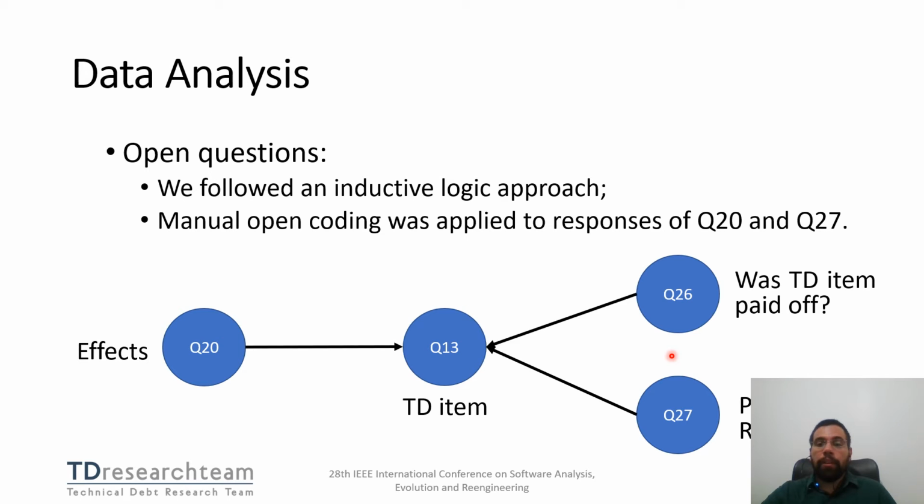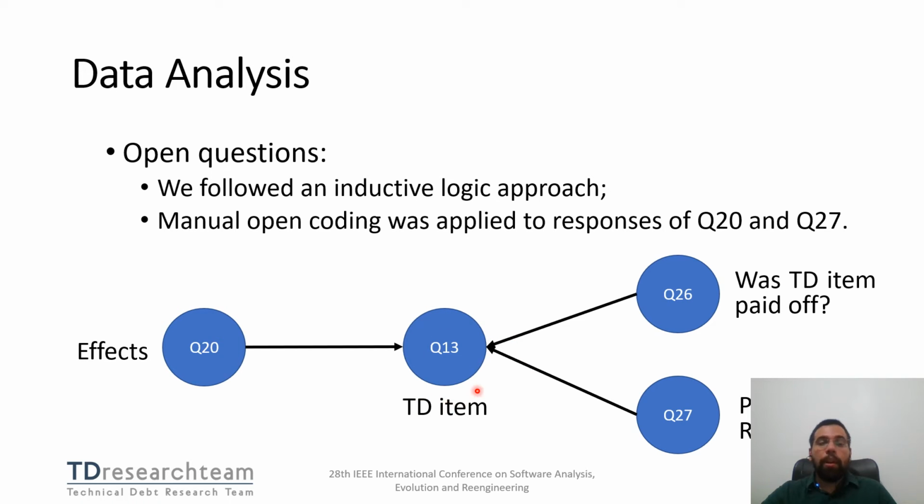If question 26 received a positive response, the participant described in question 27 the practice that she or he used to eliminate the TD item described in question 13. Otherwise, the participant described in question 27 the reasons for not eliminating the TD item described in question 13.